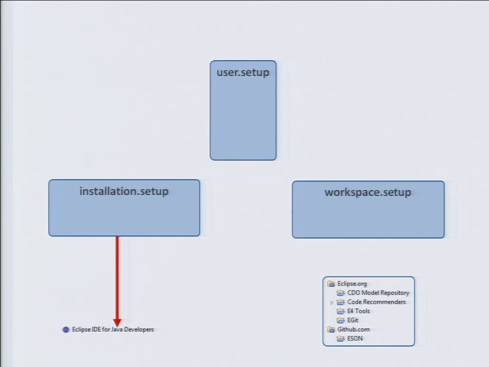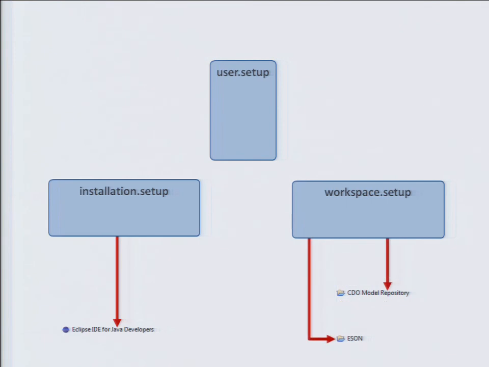You just point to this catalog. Again, we maintain that at Eclipse, but you can also write your own catalogs. From the workspace, you point to projects in a project catalog that we maintain at Eclipse. And with that, you can already start. Of course, you can still add your own tasks in these three places. We will see that later.